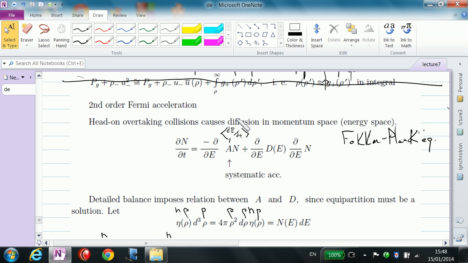And the way to see that is to say, look, if the scatterers are infinitely massive, then it's like they have an infinite temperature. They essentially have an infinite amount of energy. And you know that a lighter fluid and a heavy fluid, when they're interacting, would eventually come into thermodynamic equilibrium.